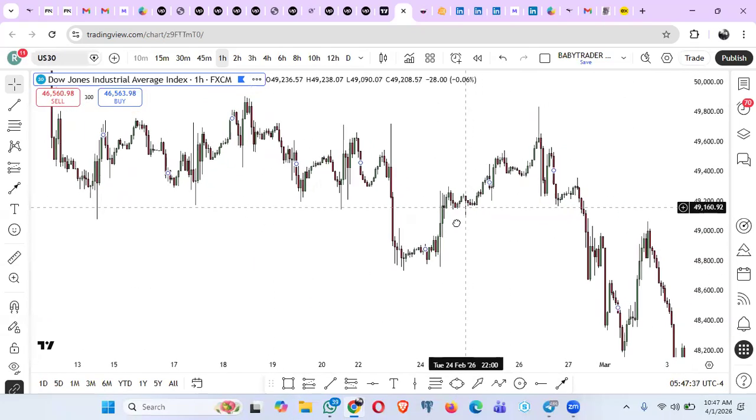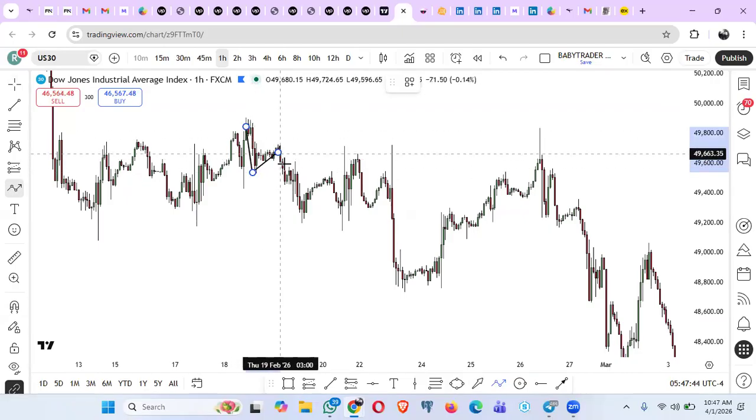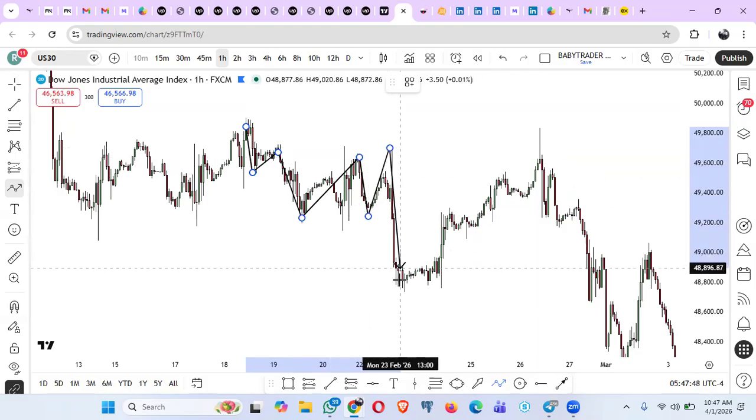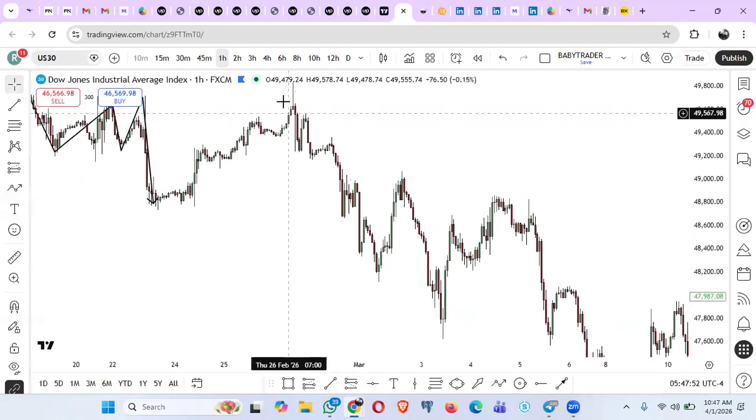You can see all these parts of it. Market came down, came up, came down again, came up, came down again, came up, came down. That's the bearish market.